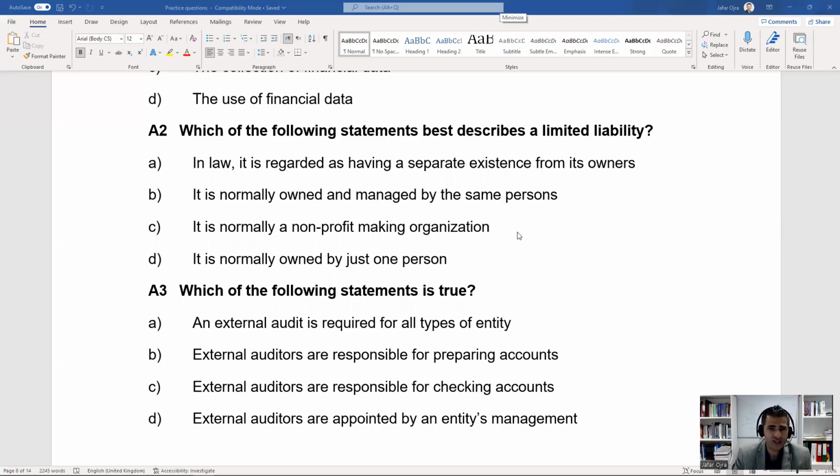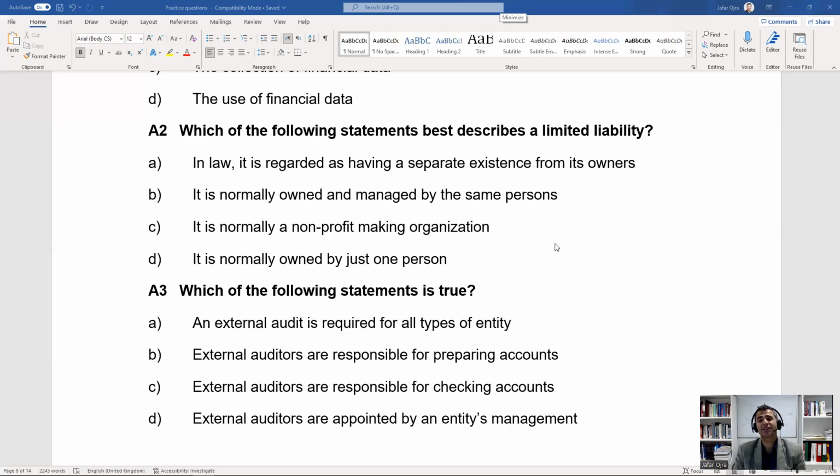No, owned and managed by the same person, that's the sole trader. Is normally non-profit making or an organization. Not really. It's normally owned by just one person. This is sole trader. D and B, it can be a partnership, really. It depends. But anyway, the answer is A.